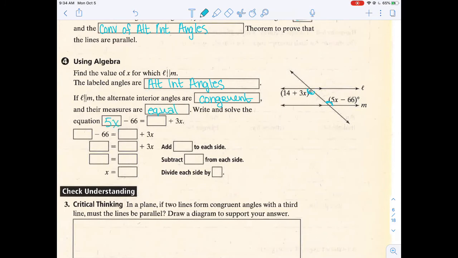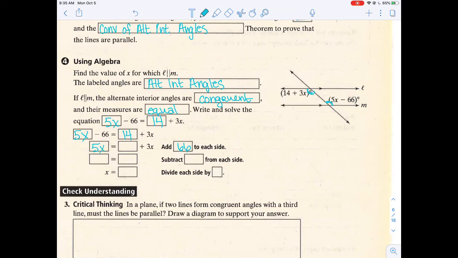So if we write this out, 5x minus 66 equals 14 plus 3x. And then let's copy that down here. Then we're going to add 66 to each side.